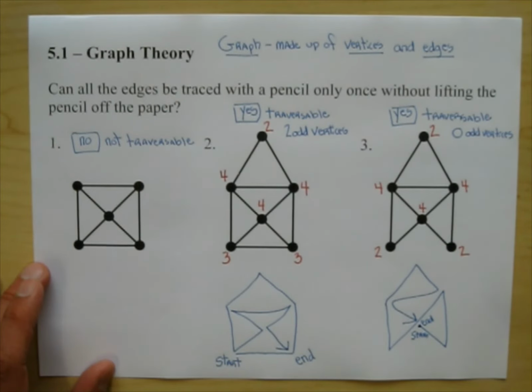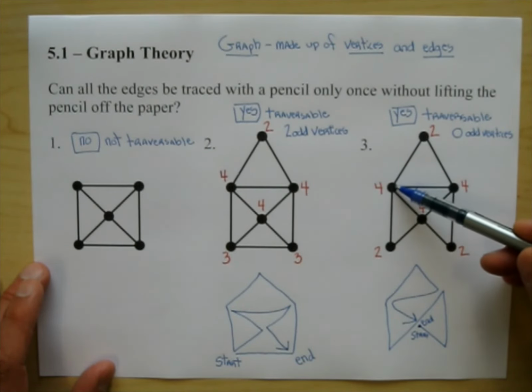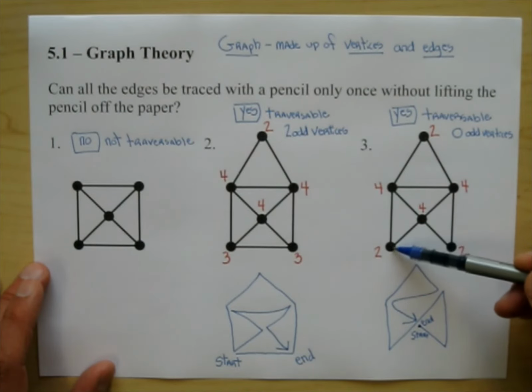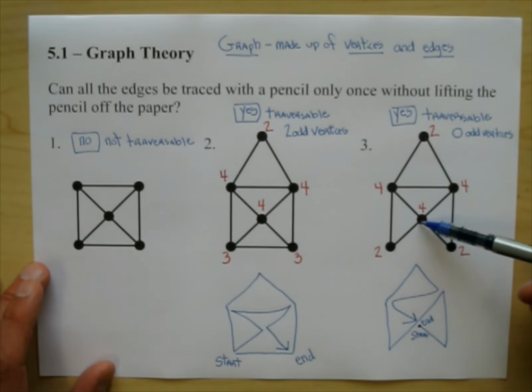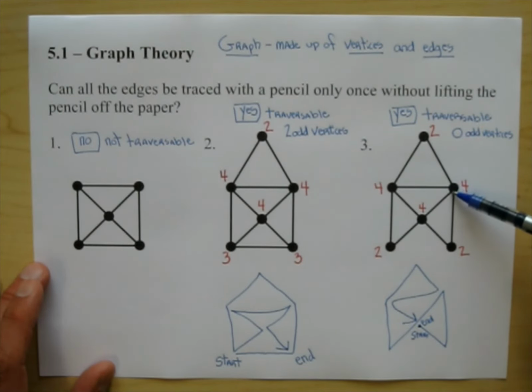Let's see if you can see if I'm cheating on this. I'm going to start at the top. I'm not going to write on this. I'm going to tell you what I'm going to do. I'm going to go down there, over to the middle, up there, across, down there, up, and then back to my starting point.